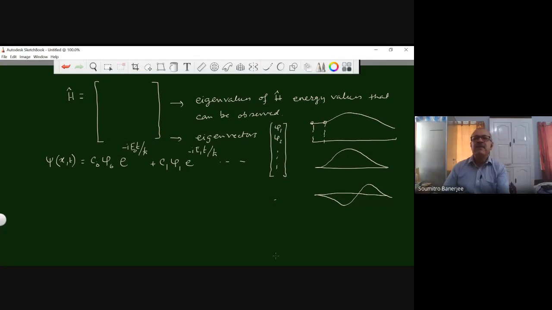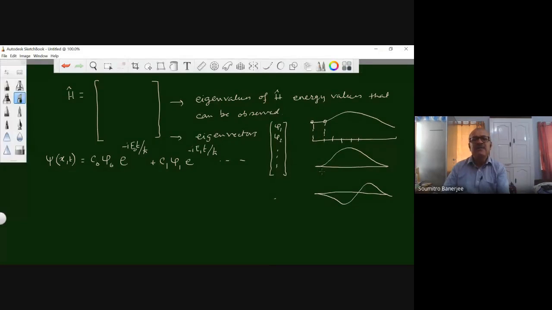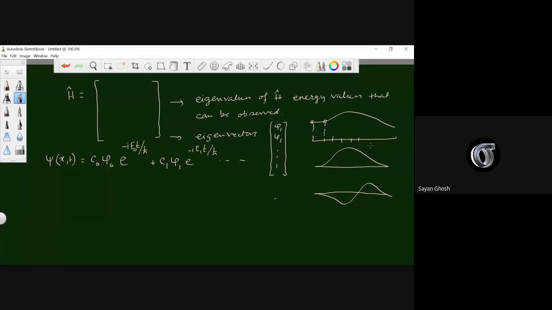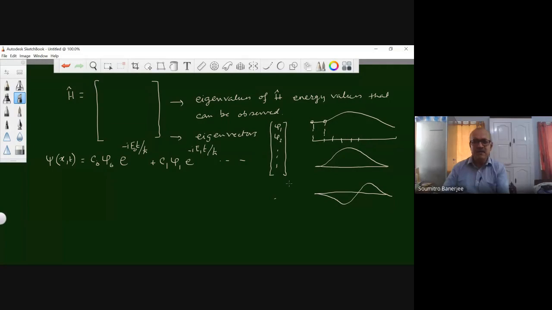Depending on the number of subdivisions that you create, you will get as many eigenvalues. And in order to go to higher order eigenvalues, you need to create far more subdivisions of the space. If you are doing it on a computer, at least 100 eigenvalues can easily be obtained.